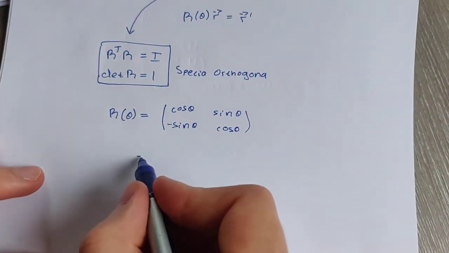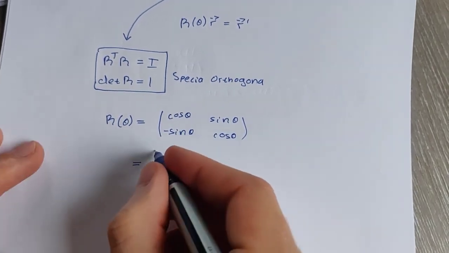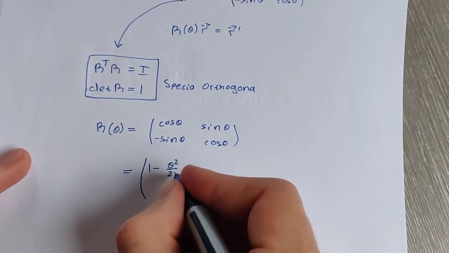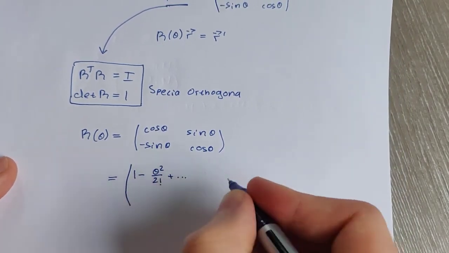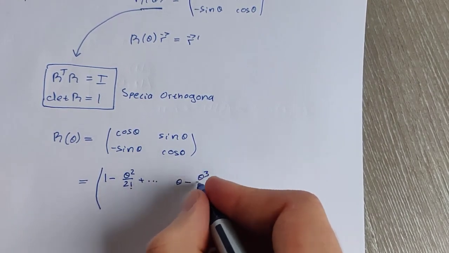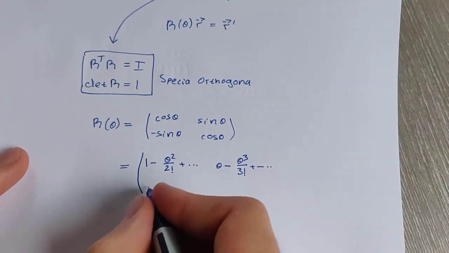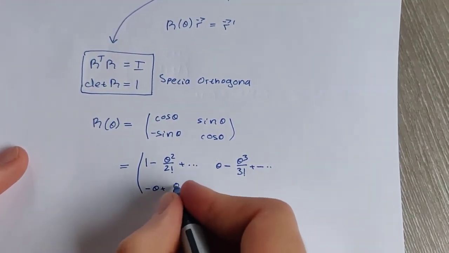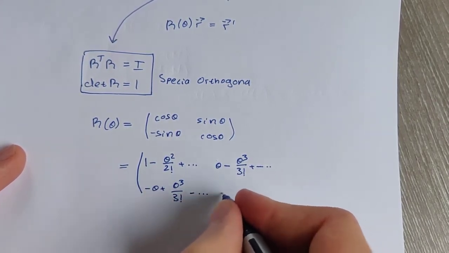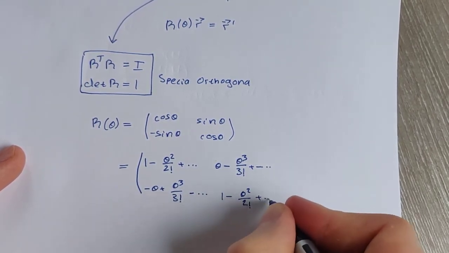So first thing you do is you expand each of these terms as a Taylor expansion. Okay, so what you get is 1 minus theta squared over 2 factorial plus dot dot dot, minus theta cubed over 3 factorial plus dot dot dot, minus theta plus theta cubed over 3 factorial minus dot dot dot, 1 minus theta squared over 2 factorial plus dot dot dot.